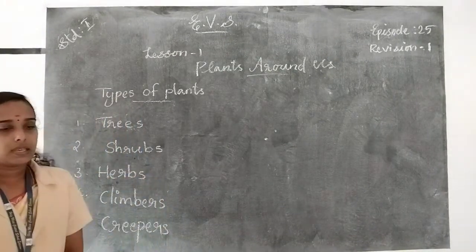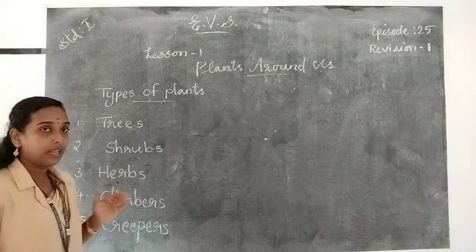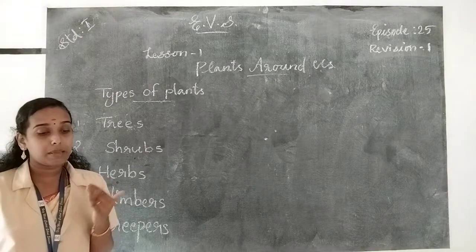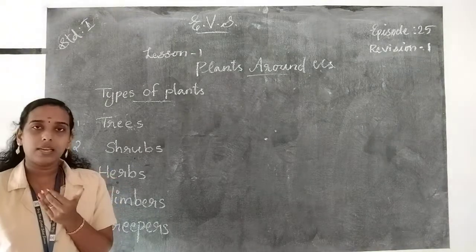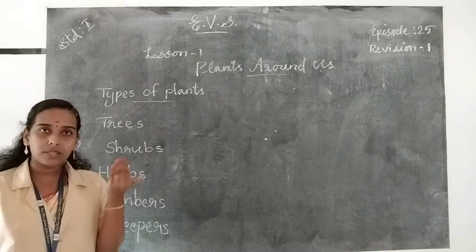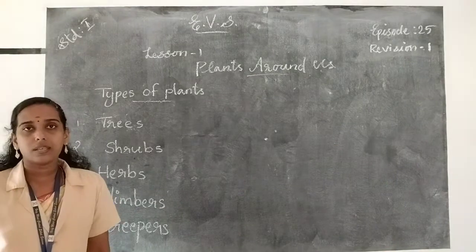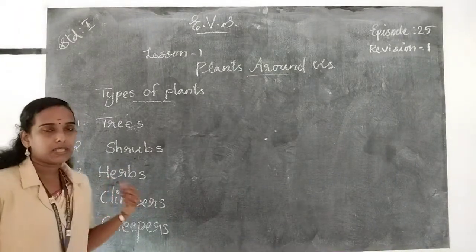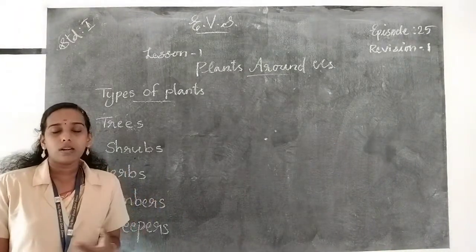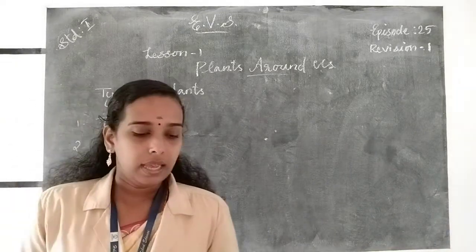Climbers are plants which have a very long stem but the stem is very weak, so they are called climbers, and they cannot stand on their own. They need support to stand straight. Examples for climbers are money plant, pea plant, grapevine, etc. Then creepers.